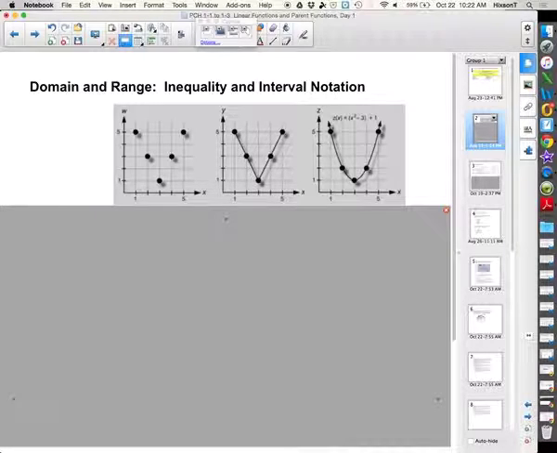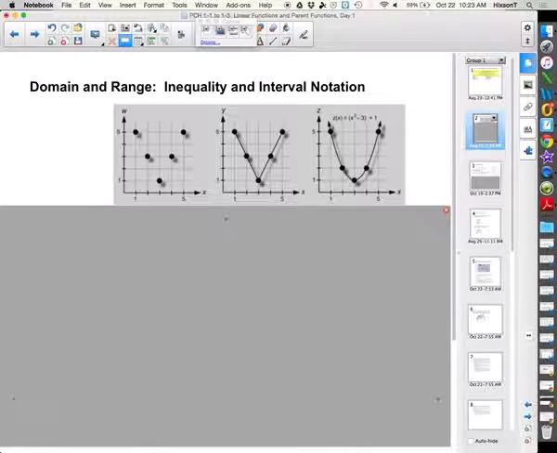Now notice here, it's not necessarily always going to be x and y, and that's why I use the terms independent variable and dependent variable. Here you can see we have x and w. Here's x and y, and here's x and z. Depending on different situations, we might use different letters. So it all means the same thing. It all works the same way. You just need to pay attention to the notation.